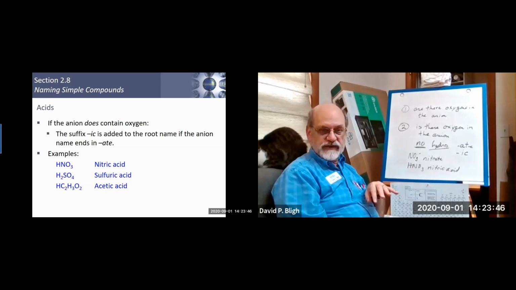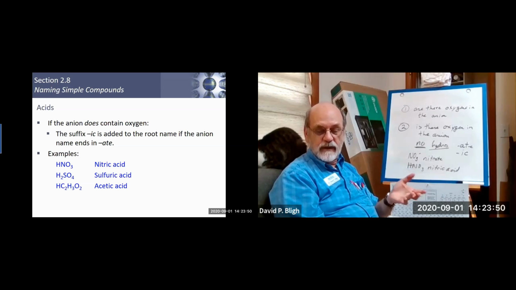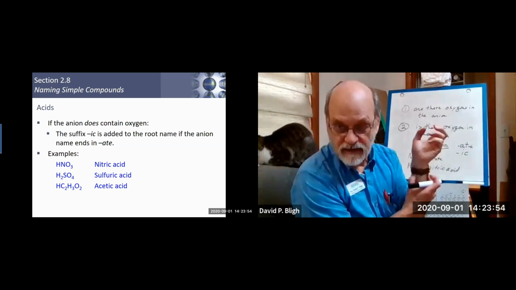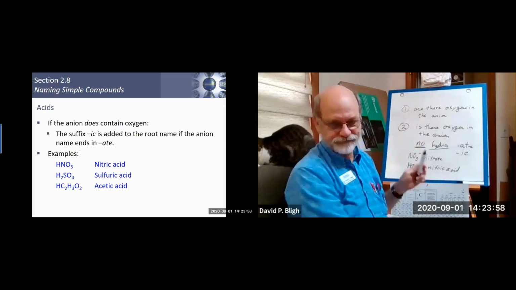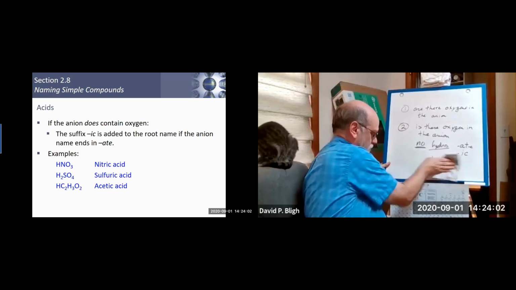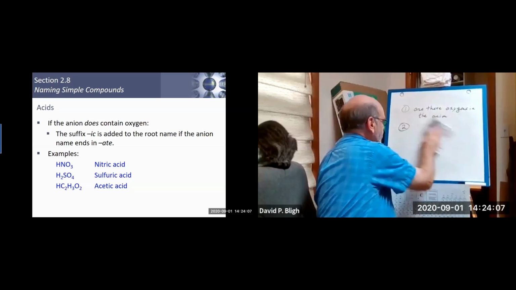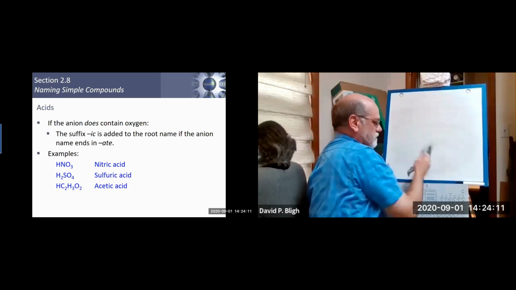C2H3O2 is acetate, becomes acetic. And everybody knows acetic acid. 5% acetic acid is vinegar. Okay, so let's continue with oxygens.